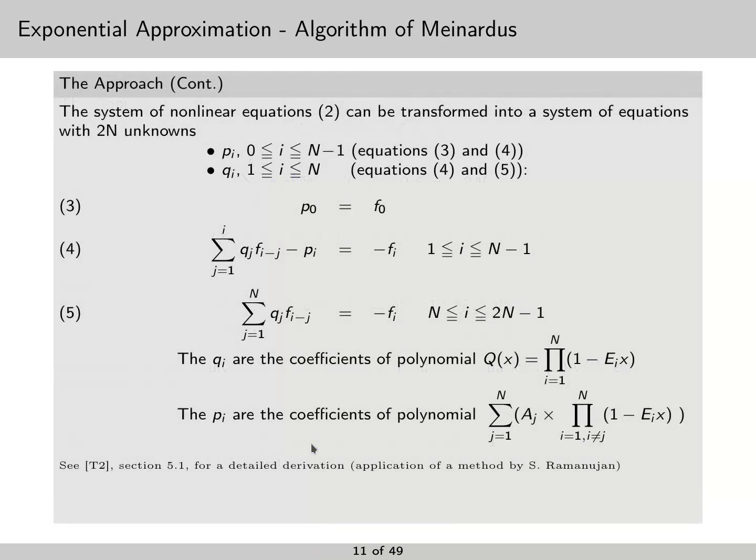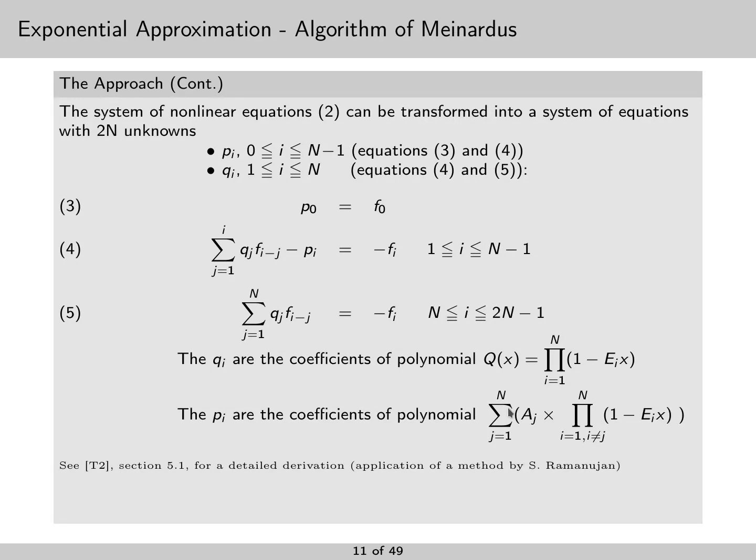This system is transformed into this system of equations with the 2n unknowns p_i and q_i, where the q_i in equations 3 and 4 are the coefficients of polynomial q, and the p_i's in equations 3 and 4 are the coefficients of this polynomial.